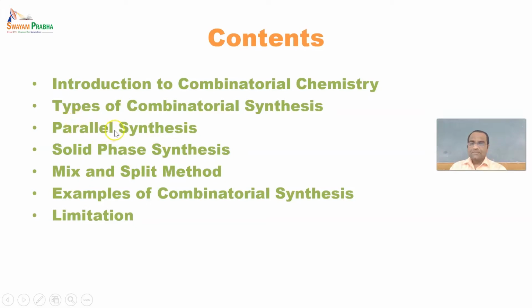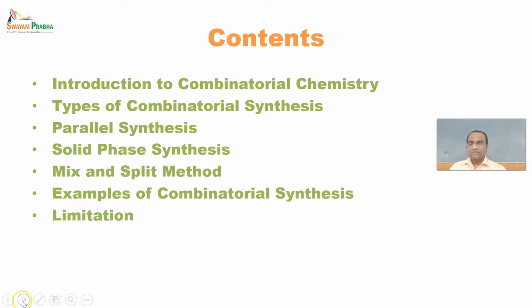Parallel synthesis has subtypes, and after that we will look at examples of combinatorial synthesis and its limitations. So advantages of combinatorial synthesis we will see in the introduction part.